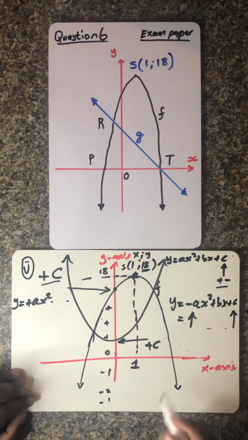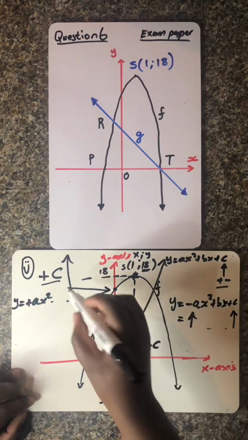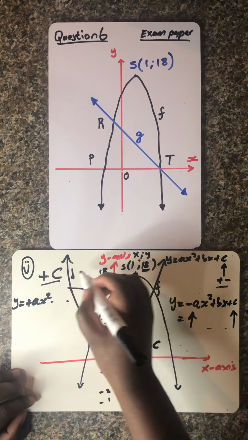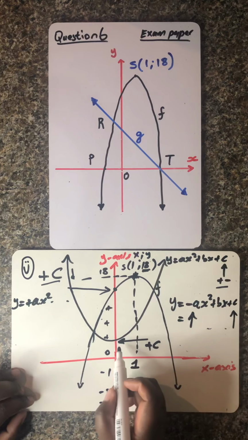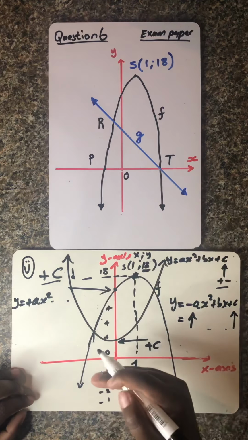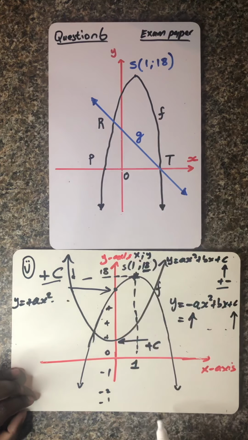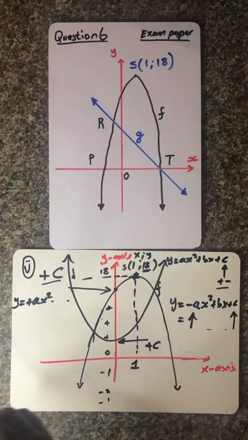Why? Because this graph, let's say, is the graph of D, and it touches the y-axis on the positive side of the y-axis. Very, very important, ladies and gentlemen.